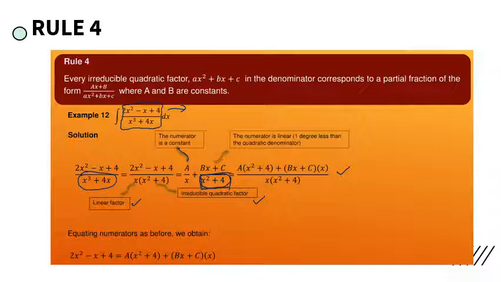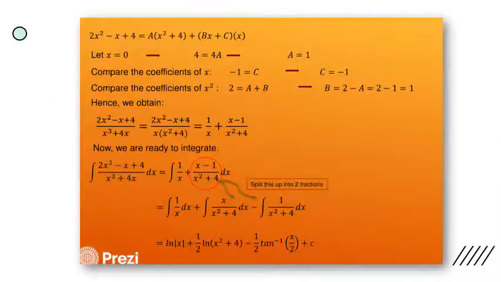Looking at the numerator, 2x squared minus x plus 4, we do the cross multiplication for this partial fraction: A times x squared plus 4, plus Bx plus C times x.